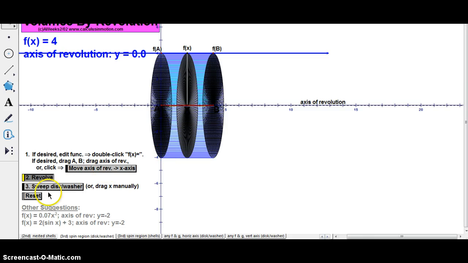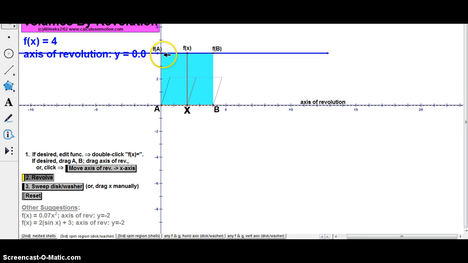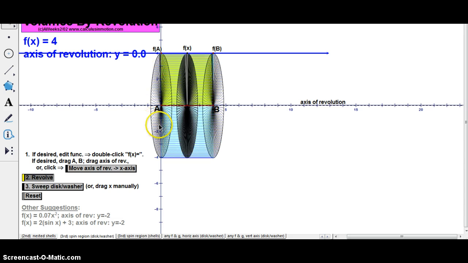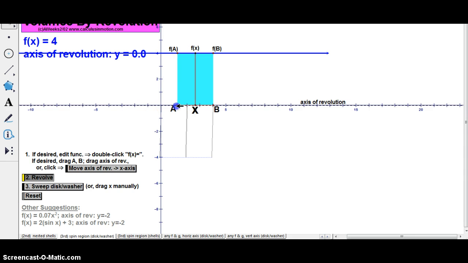We are looking at the disc that is just at our a value here. If you just picture that again, the leftmost would be at whatever your a is. I can change this to be a different a and a different b, but no matter what, your a will always be the leftmost disc.